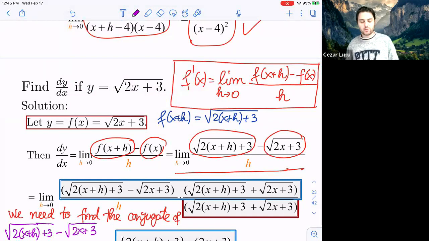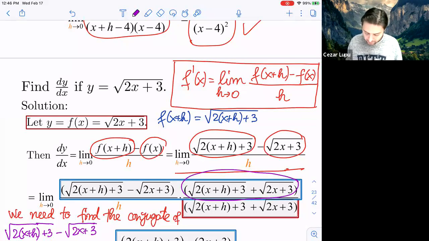And the way we're going to find the conjugate of this is just by multiplying by the sum of the two square roots, right? So that's what we will do. All right, beautiful. So that's exactly what we're doing here. Look, the conjugate is right here. You see it? This is where it is. So that's the conjugate.